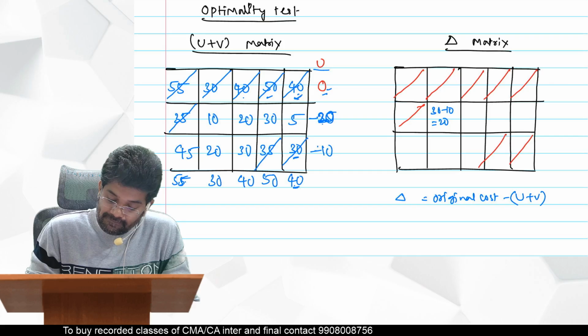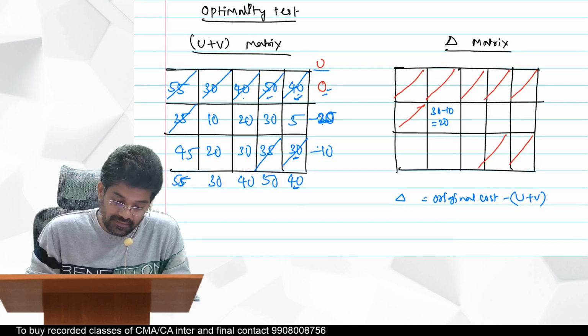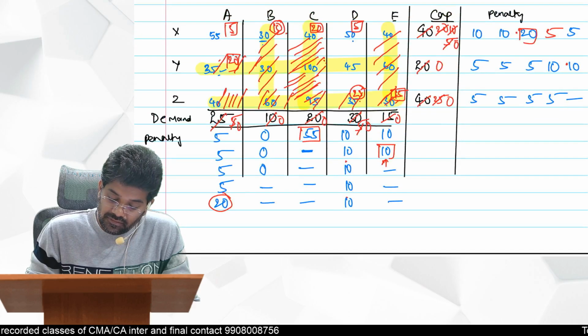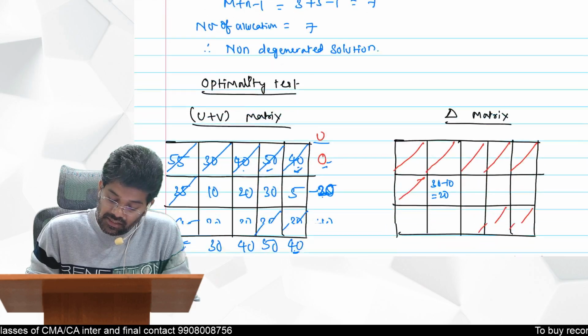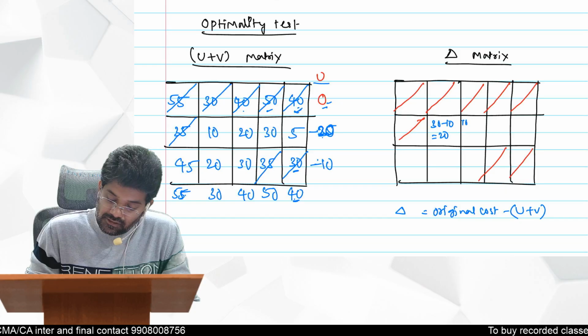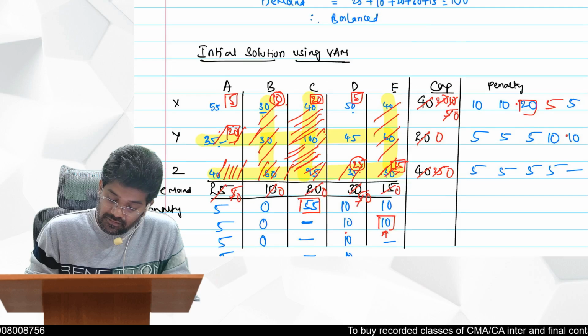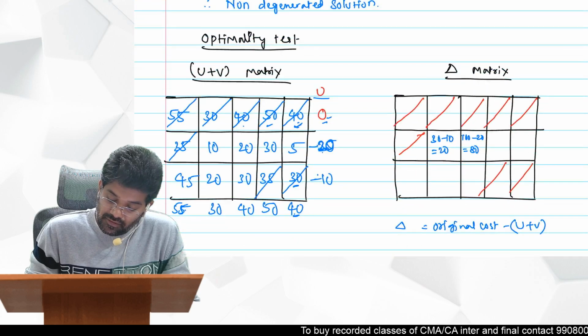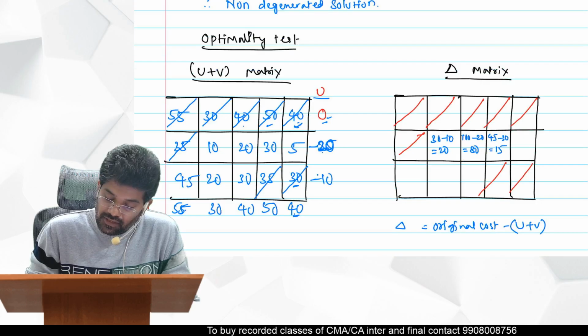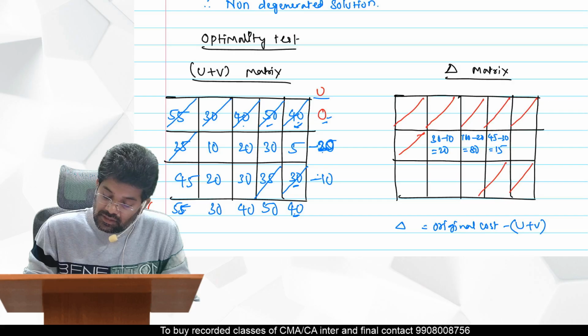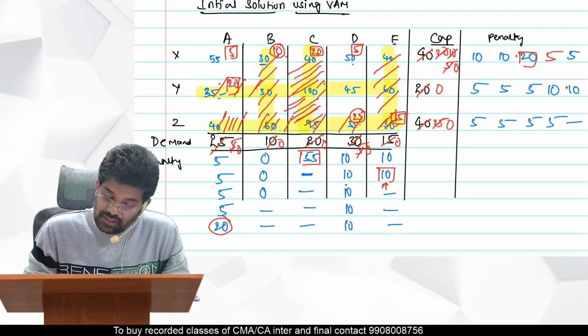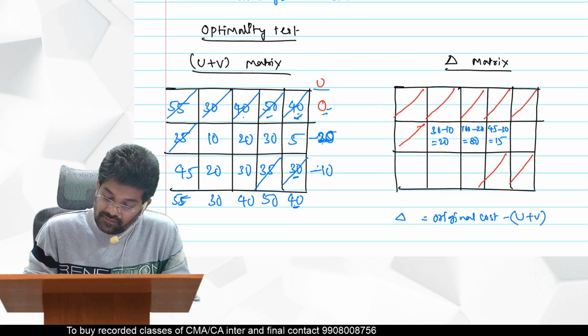Next, your original cost 100. 100 minus 20 is equal to 80. Here 45. 45 minus 30, 15. Next one 60. 60 minus 5, 55.